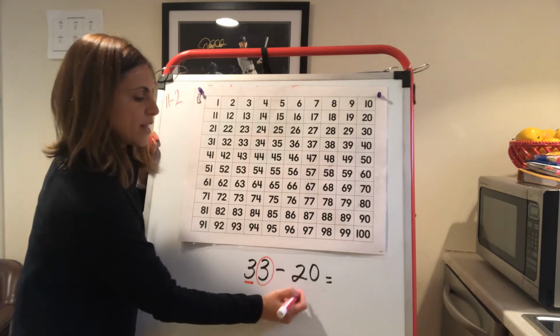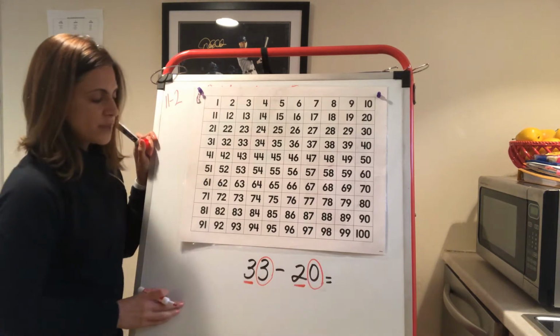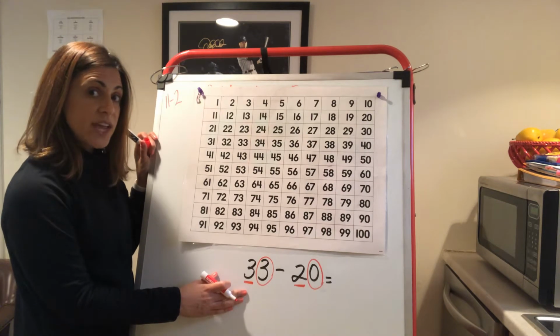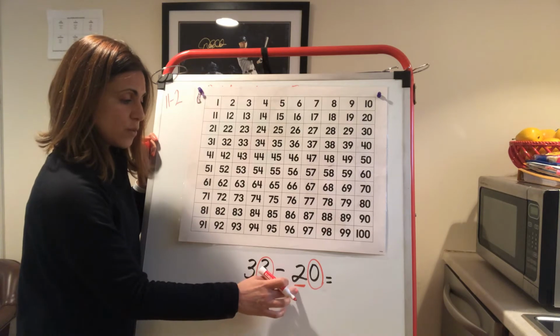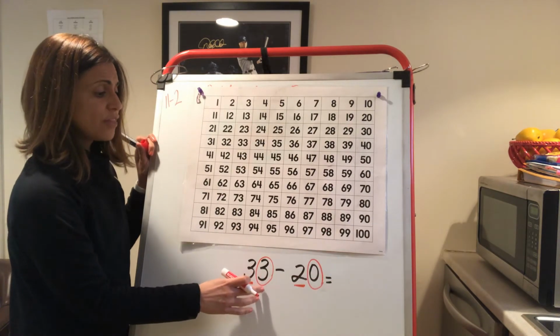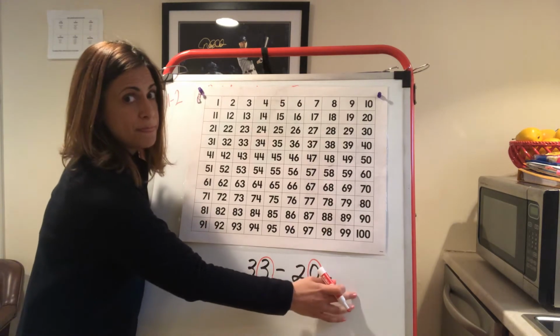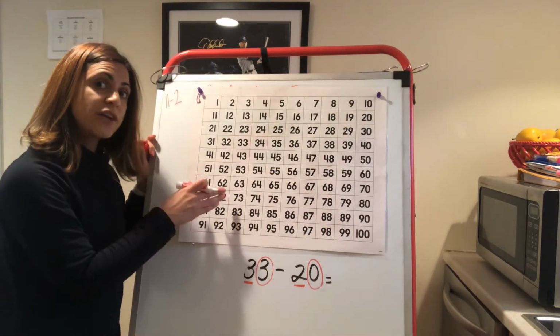In the number 20 there's 2 groups of 10 and 0 ones. You know that the 10s are going to change and the ones will stay the same. 3 take away 2. I think some of you can do that in your head. 3 minus 0. I think you can do that in your head too. But now we're going to use the hundreds chart to help us.